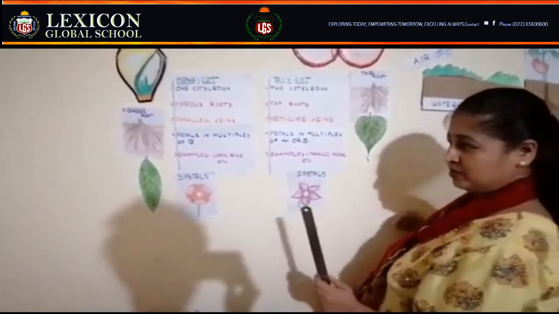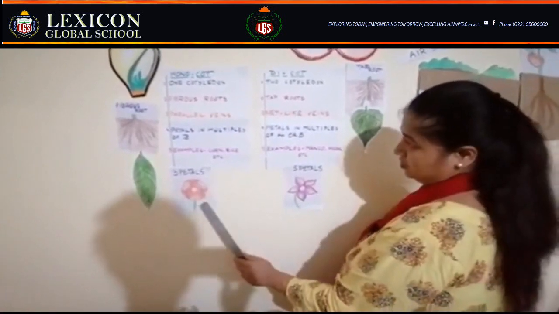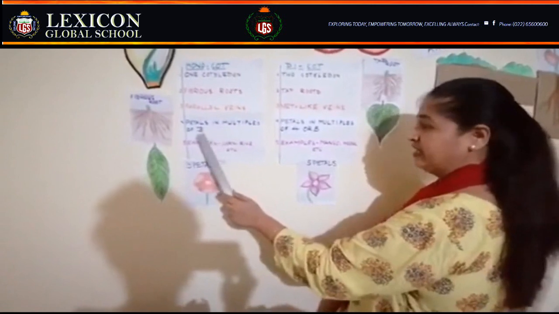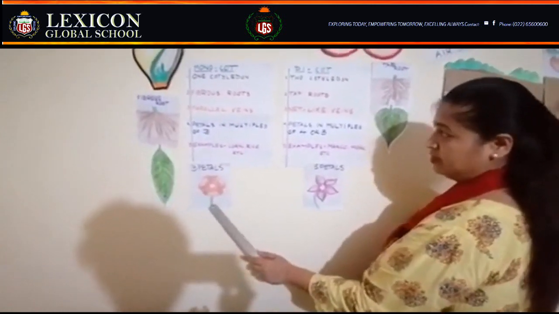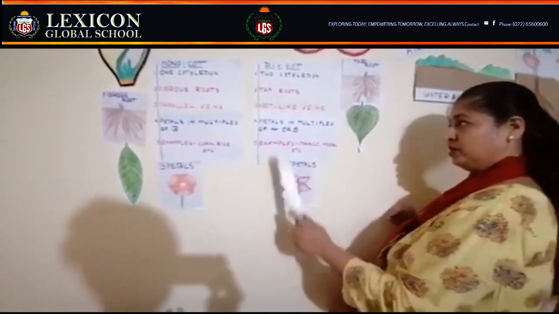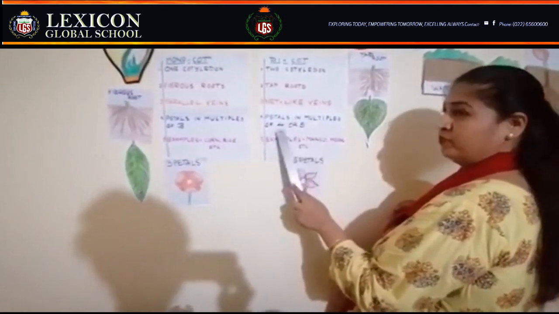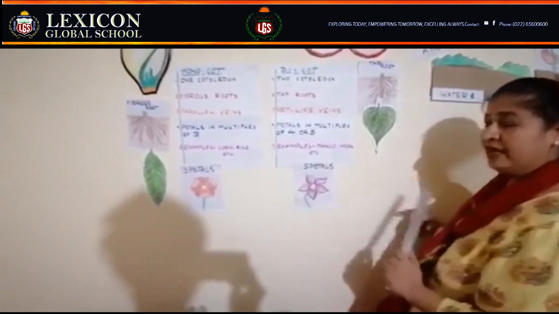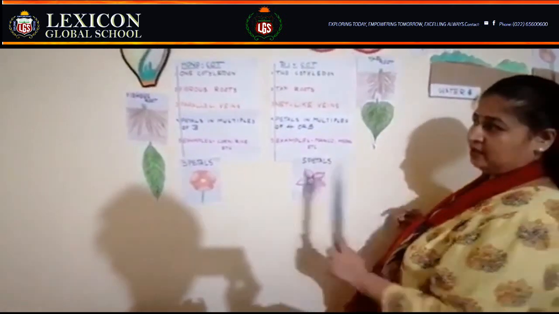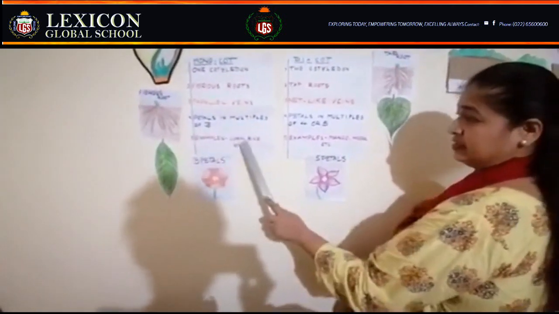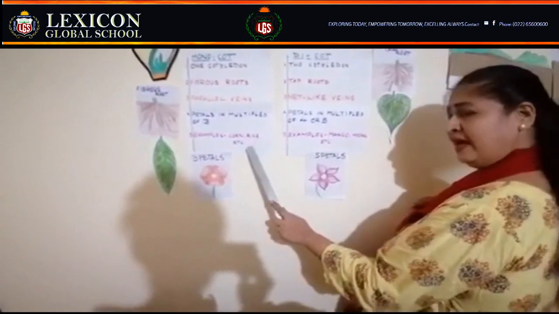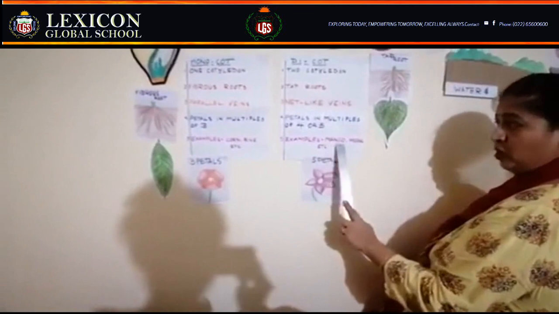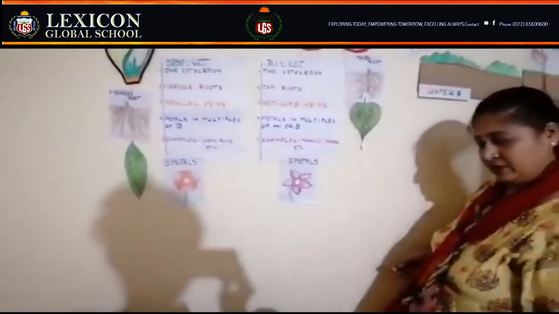And the fourth point, if it is a monocot, then it has petals in the multiples of 3, which I have shown you here, while in dicot, petals in multiples of 4 or 5. Now, examples of this are, for monocot, it is corn, rice, etc. And for dicot, it is mango, moong, etc.